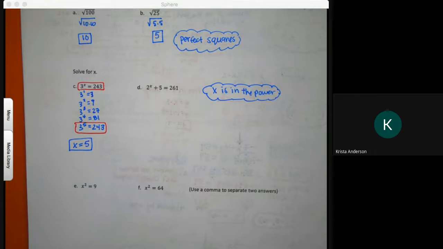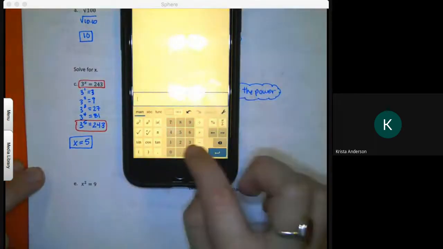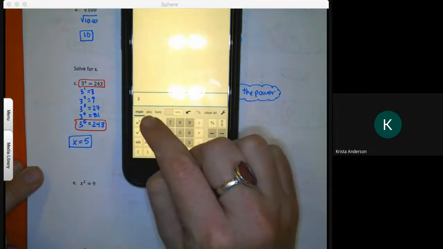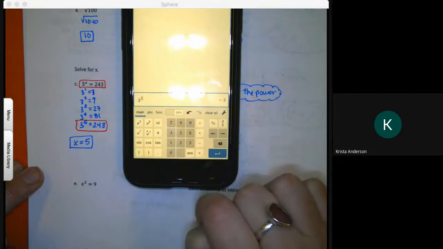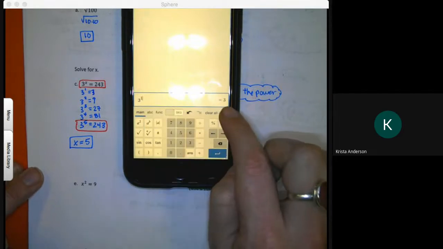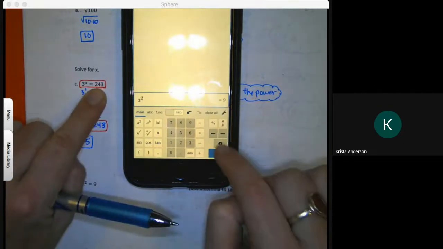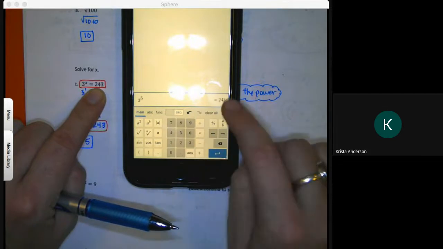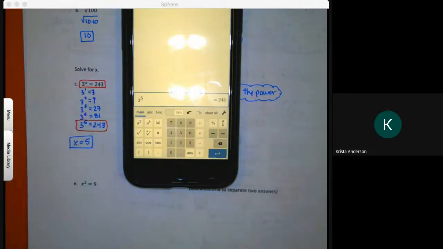Let me get my calculator and I'll show you what I did. 3, then I use this little button that puts a power on it. I plugged a 1 in and I said, nope, that's not it. 2, not it. 3, 4, 5, that's it. So my x is a 5. I'm just using my calculator.